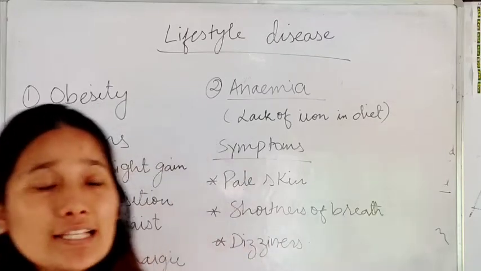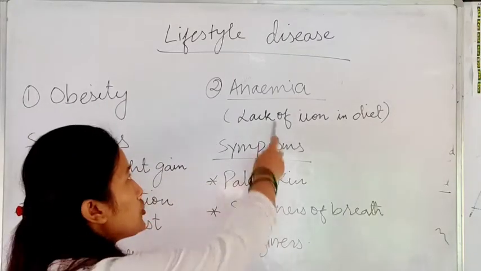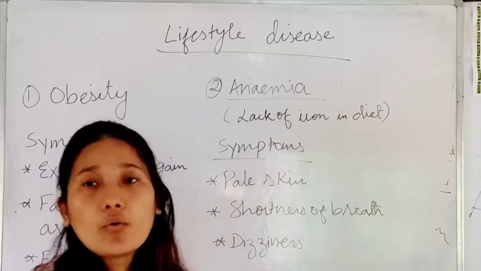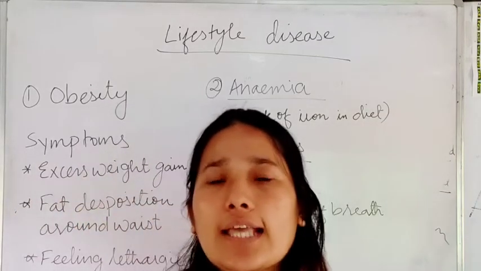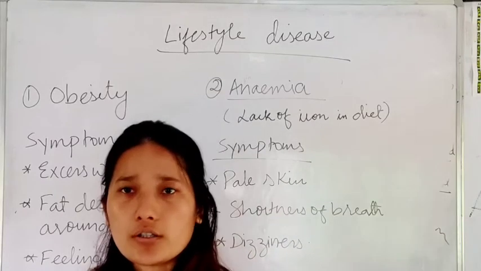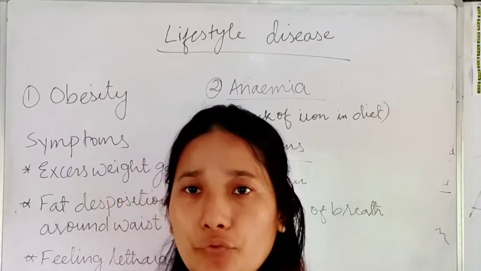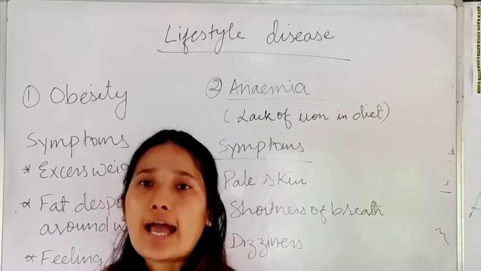Next lifestyle disease is anemia. Now how does anemia occur? This occurs when you do not take food which is rich in iron.